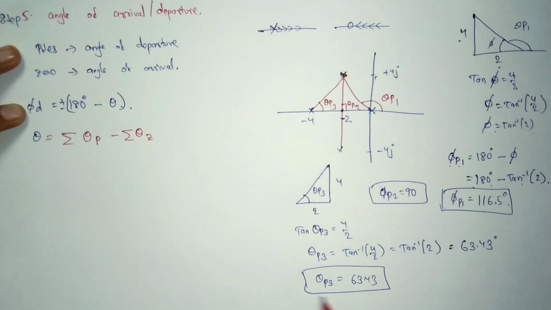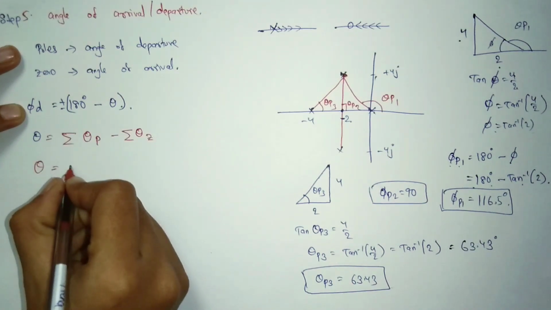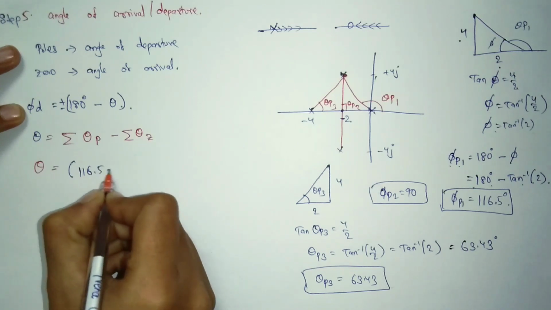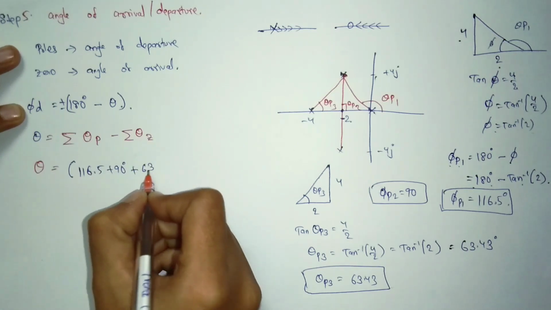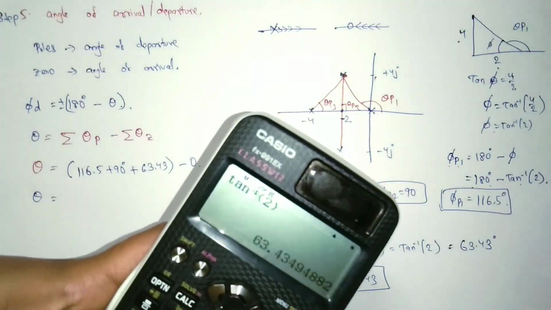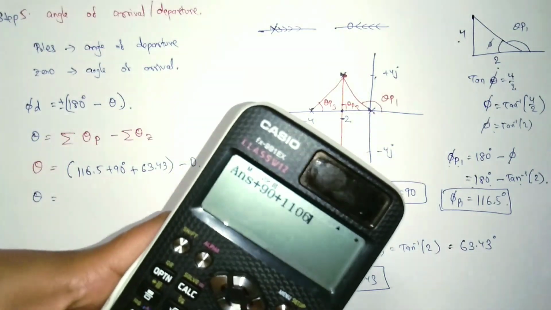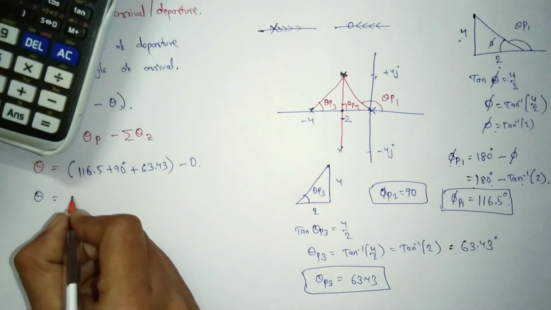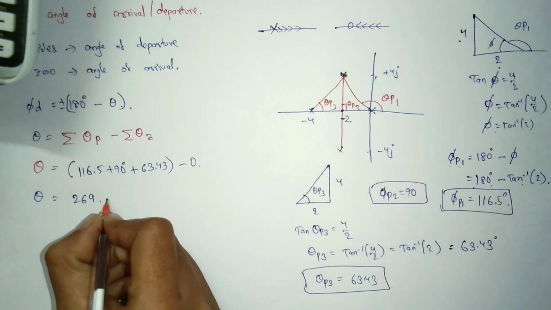Now we will add all these numbers: 116.5 plus 90 plus 63.43 minus 0. So theta is equal to, we'll add 90 and 116.5, and this comes as 269.93.